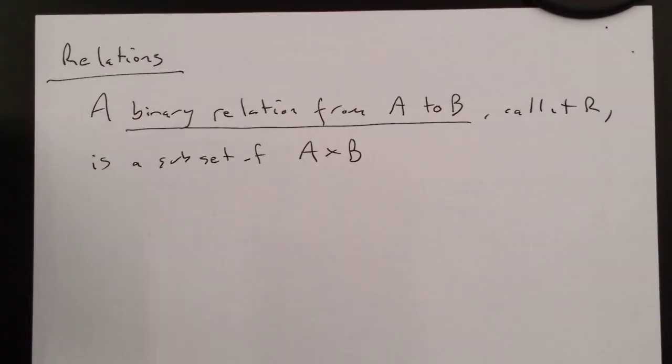A binary relation from A to B, I'll call it R, is really just a subset of the Cartesian product A cross B.